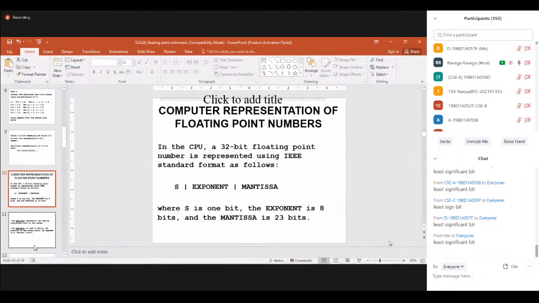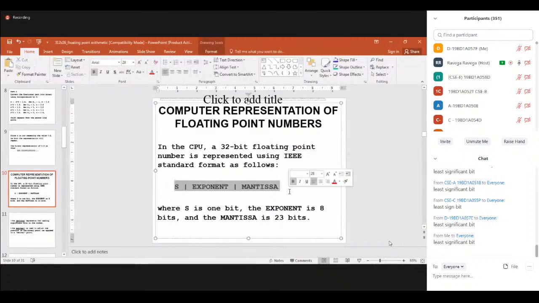Next, we have gone for the computer representation of floating point numbers. In this, we have this format given by IEEE, where we have S, exponent and mantissa.